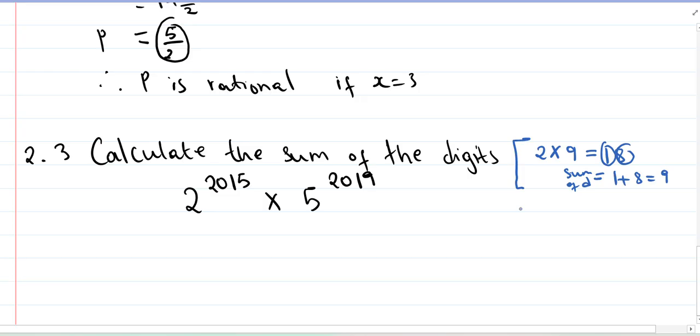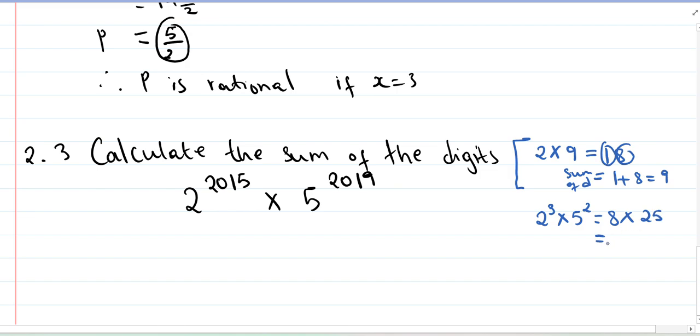If the question says calculate the sum of the digits of the following, let's say 2 to the power of 3 multiplied by 5 to the power of 2. 2 to the power of 3 is 8. 5 to the power of 2 is 25.